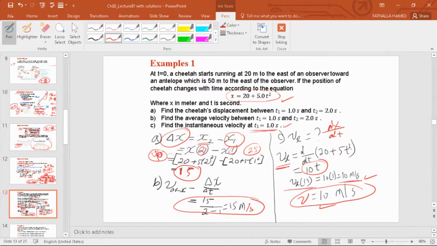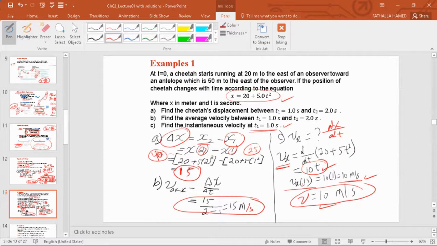Now the differentiation of t squared is 2t. And the differentiation of 20, you don't have a t here, so it's 0. So you get 0 for 20. And here it will give you 2t times 5. You will get 10t.